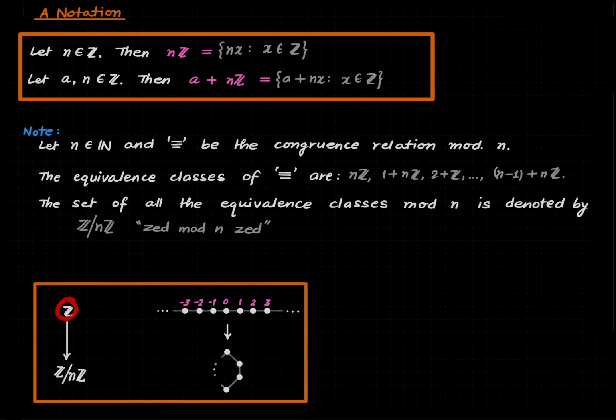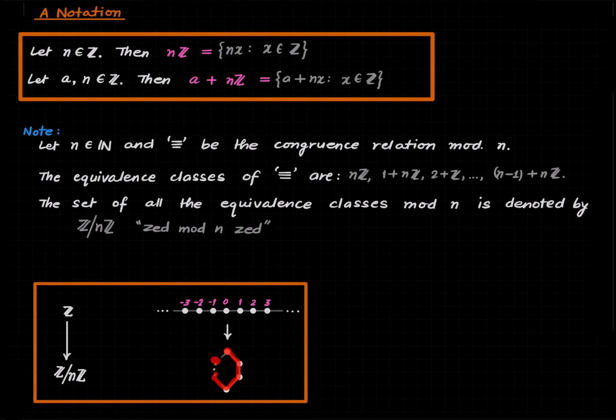We had the set of all the integers, which we imagine arranged in a line usually. And once you introduce the congruence relation mod n and plot out all the equivalence classes, you can think that they are now arranged in a circle, right? So you have the congruence class of 0, then class of 1, 2, 3, up to n minus 1.